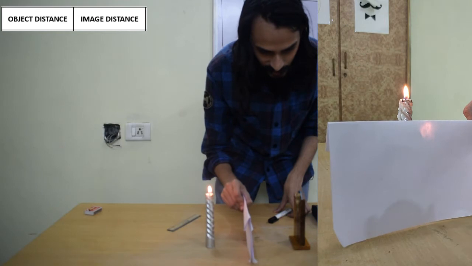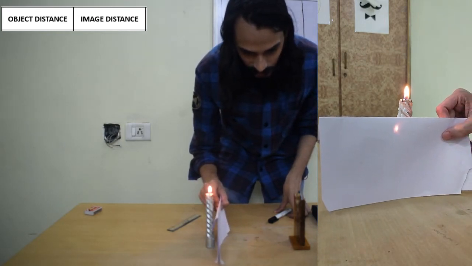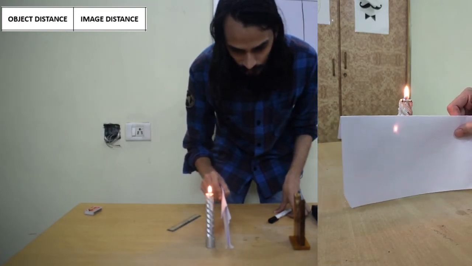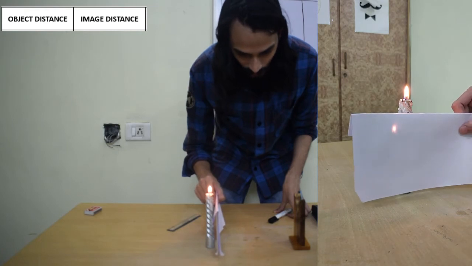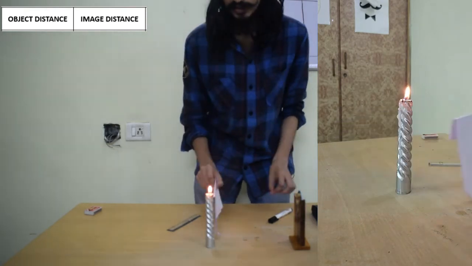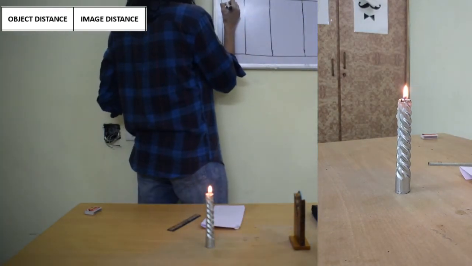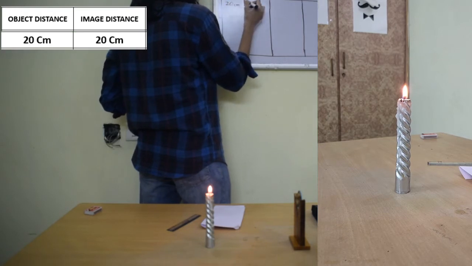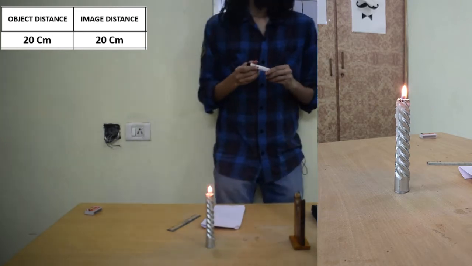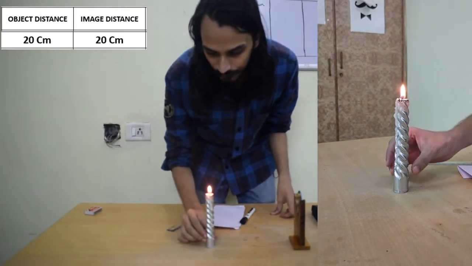If I keep moving it, you will see that the intensity of it changes. It's blurry and then it gets a little more clear, right? Right now the image is a little clear, but only when the screen is exactly at the same distance as my candle. So I'm going to write object distance is 20 centimeters, image distance is also 20 centimeters. I'm only going to record the distances where the image is clear. Where it's not clear, I'm not going to record that.